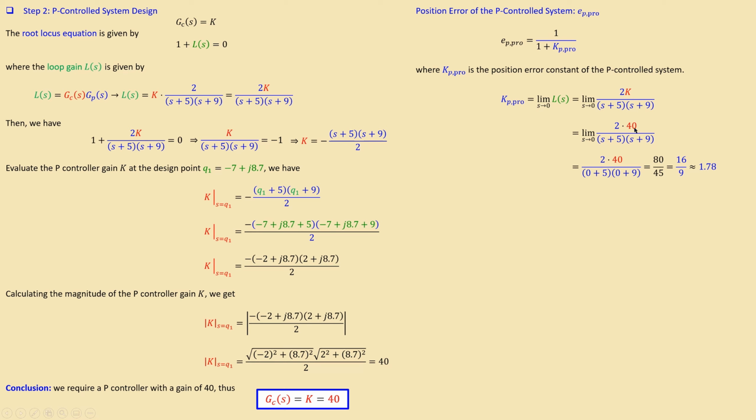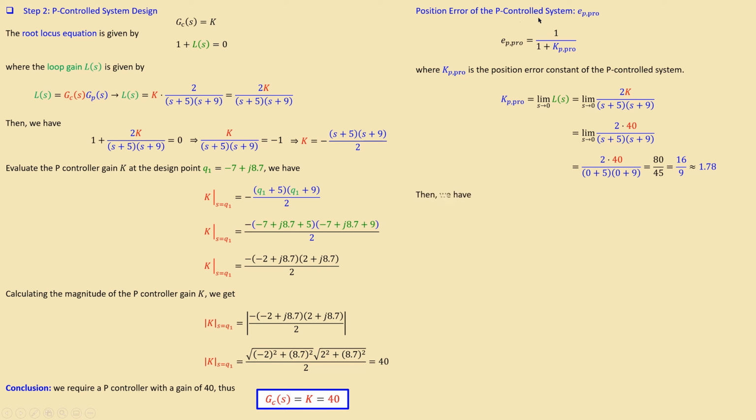What I have done is 2 times 40, of course, and s equal to 0 here and also for this. So you will see this in more detail. It will be 16 over 9, approximately 1.78. That's actually our proportional controller position error constant. Now if I use this formula, what we have is the following.